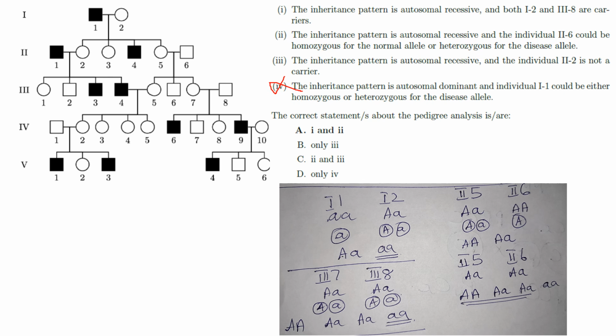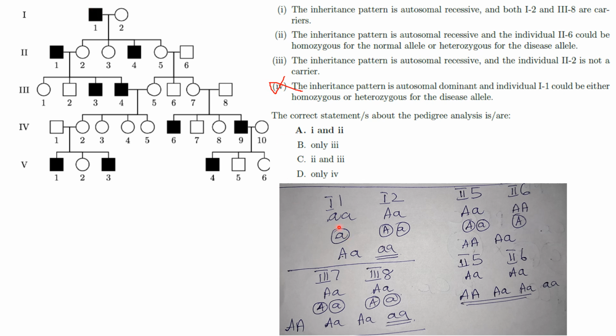The inheritance pattern is autosomal recessive, yes, and both 1, 2 and 3, 8, that is this one, are carriers. Now 1, 1 is autosomal recessive, so naturally it is homozygous recessive genotype.